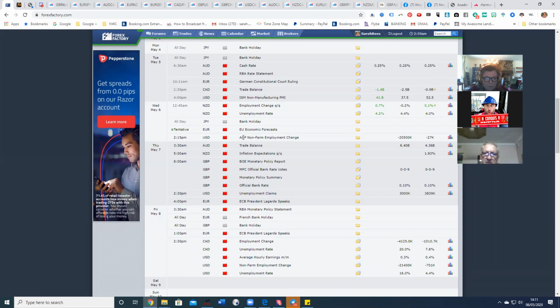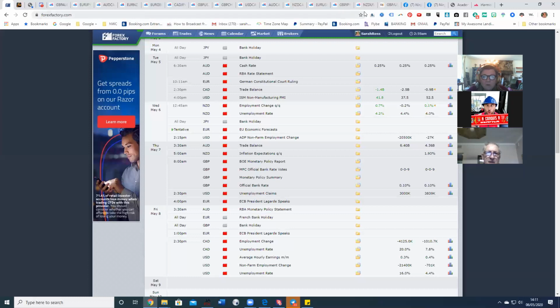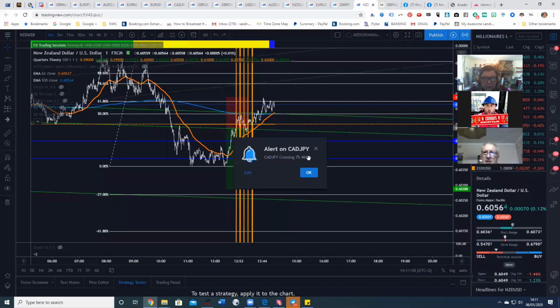I'm not sure what the difference is, to be honest, but that is coming up. It's like now, so we don't really want to be trading anything on a red flag for an hour either side. So we need to be aware of the USD at the moment. Okay, so that's caught us up to date on that. I'll just start off by showing you one trade.